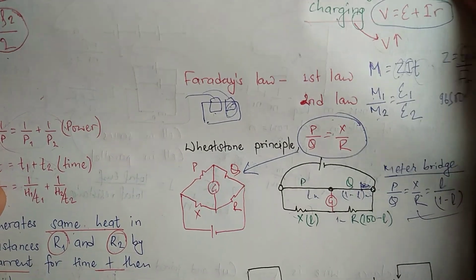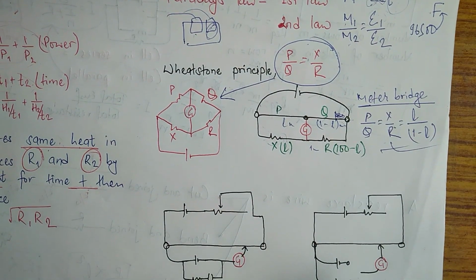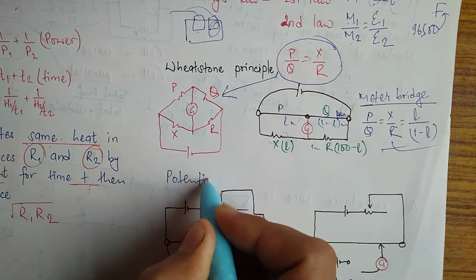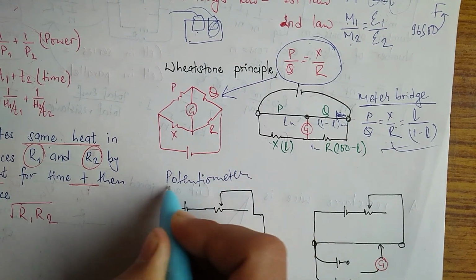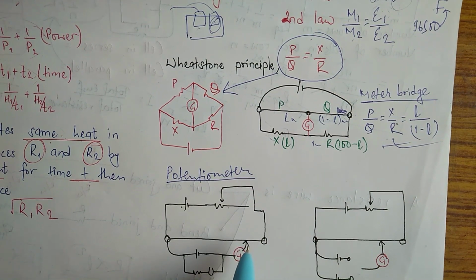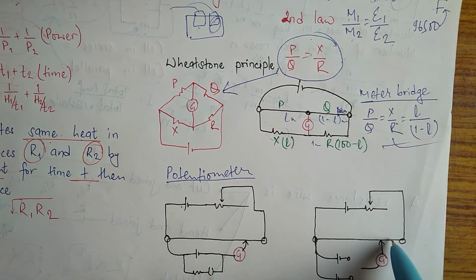So finally let's discuss this. What is this figure? This is a potentiometer. Battery is connected to a resistance. It is also connected. It's the same thing.